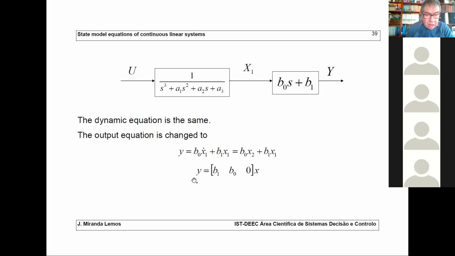So y will be b1 x1, b0 x2, and 0 x3. Don't forget the 0. That is to say, the zeros in this technique define this matrix C. So matrices A and B will depend only on this first part, and the C matrix will depend only on the zeros.